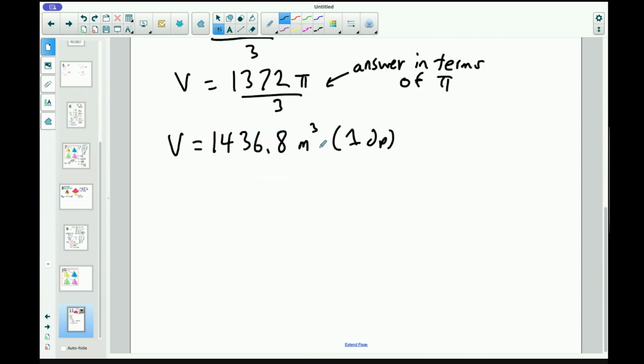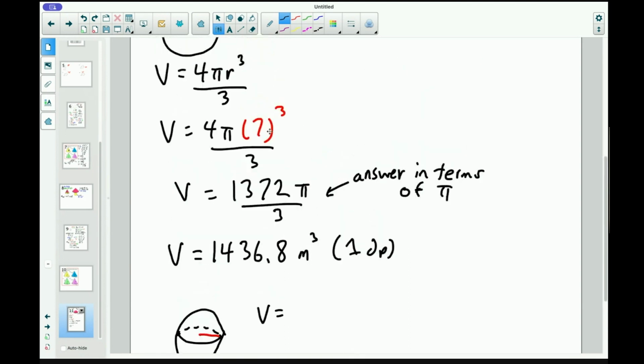The part where I can make it a little bit more difficult is if I give you a sphere, and I say that volume. So if it's in the non-calculator portion, they would give you easier numbers to work with. So let's say they give you 4 pi times 2 cubed over 3.